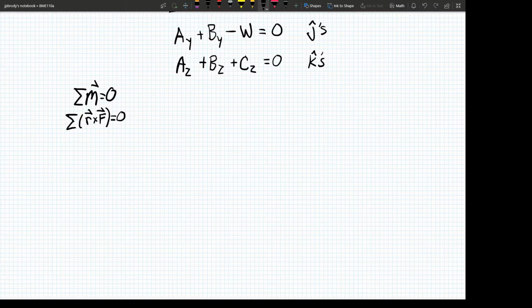I've got 1.2 meters along the i hat direction. That's the R. Now you have to cross it with the force at B. And the force at B is B sub y in the j hat direction plus B sub z in the k hat direction.